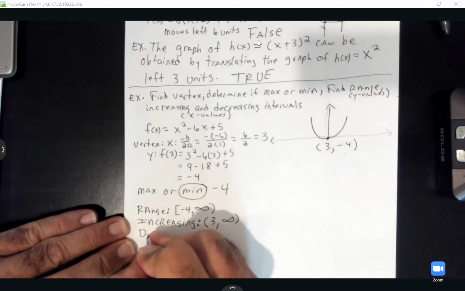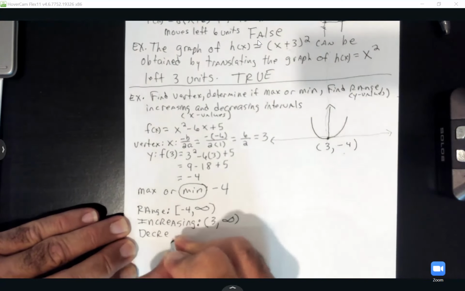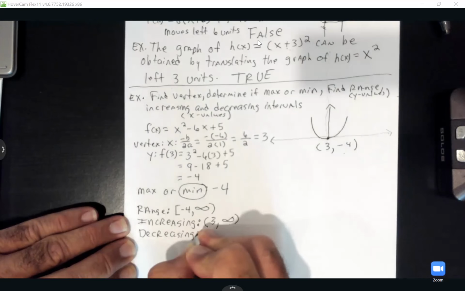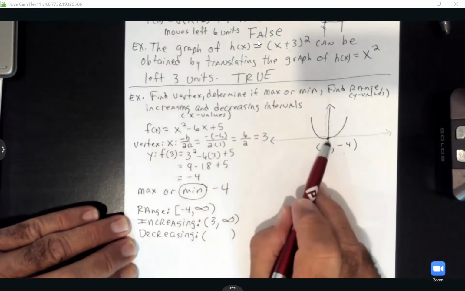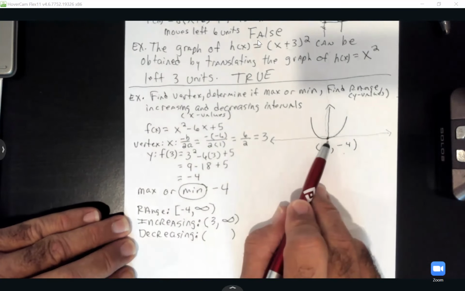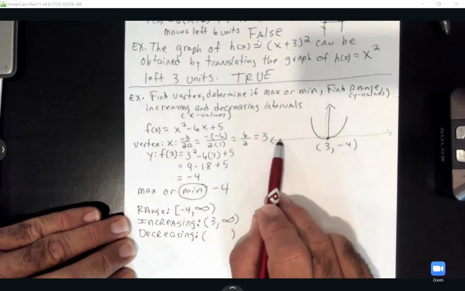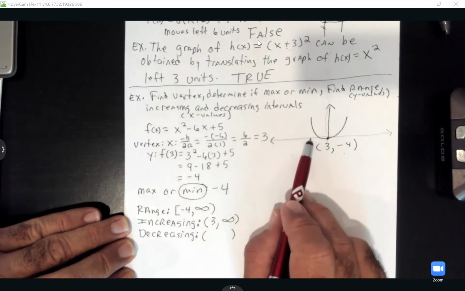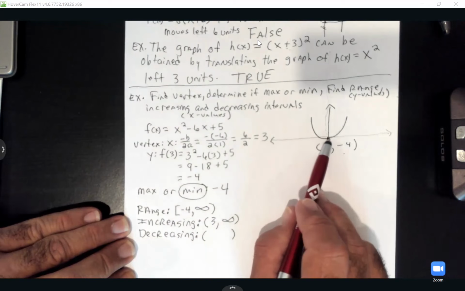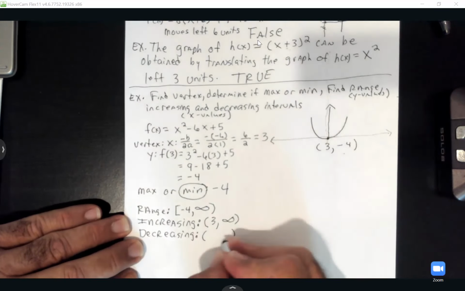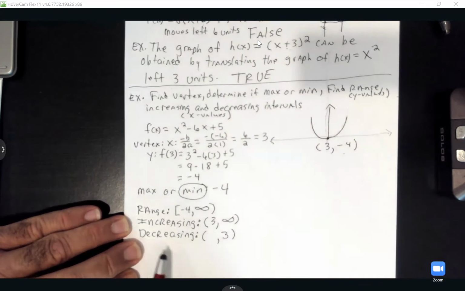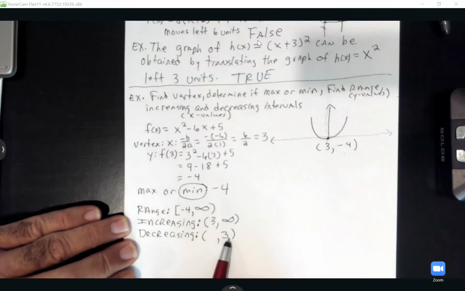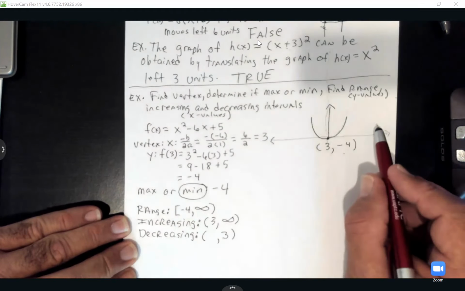Now, y'all, this one's going to be a little trickier, decreasing. I know where it stops decreasing at. It stops decreasing at that x value of 3. Because as I'm coming in from the left, it's going downhill, downhill, downhill until I hit that 3. So it's going to end at the 3 over here. So notice the decreasing ends at 3, and then it starts increasing at that 3.